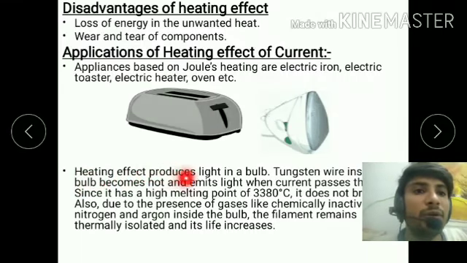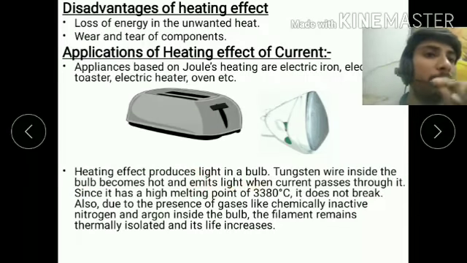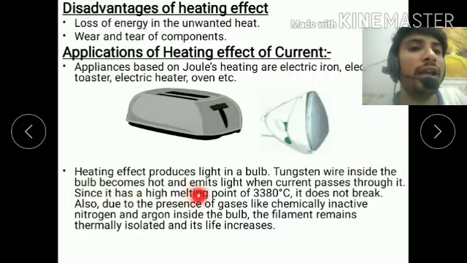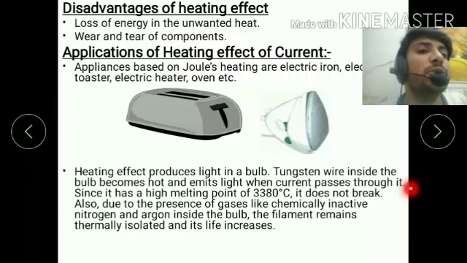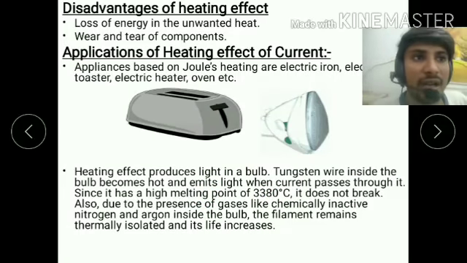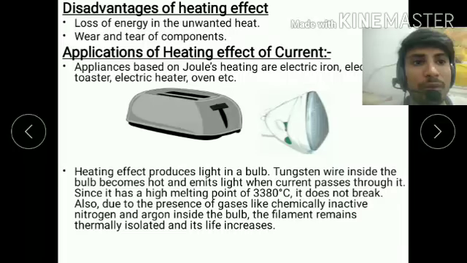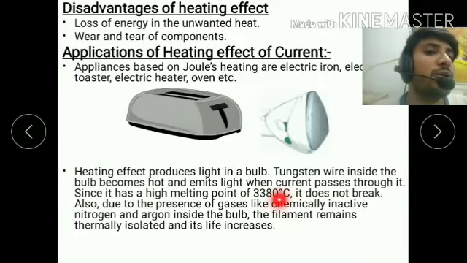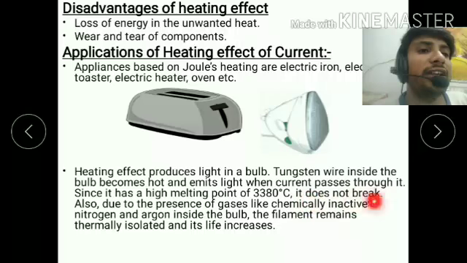Now, the heating effect is used to produce light in a bulb. Read carefully. The tungsten wire inside the bulb becomes hot and emits light when current passes through it. Each and every bulb contains a tungsten wire, and since it has a high melting point of 3380 degrees centigrade, it does not break.